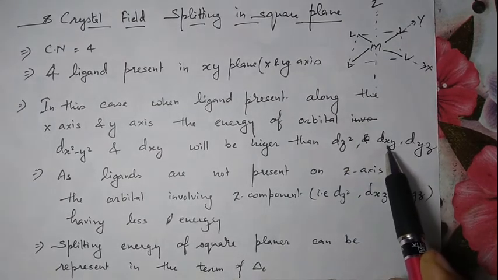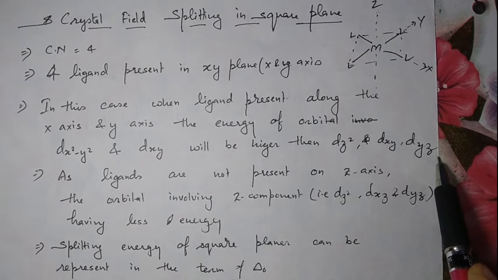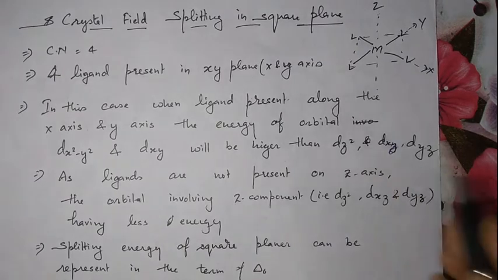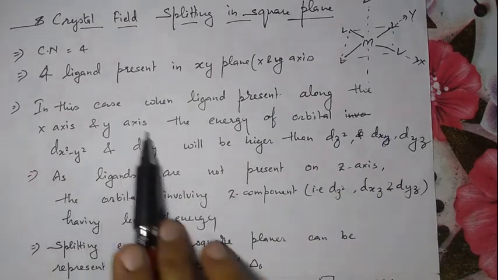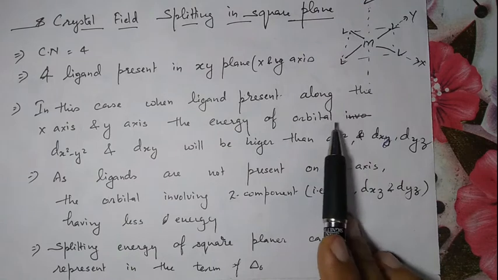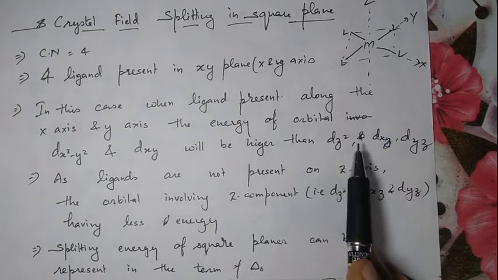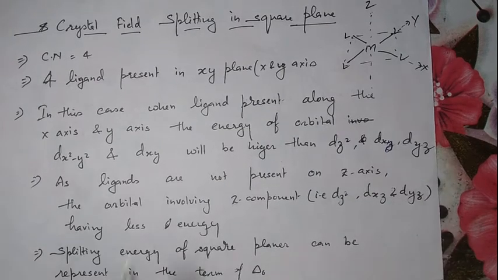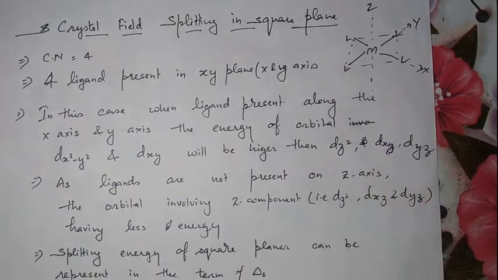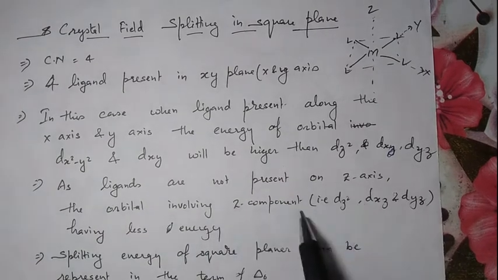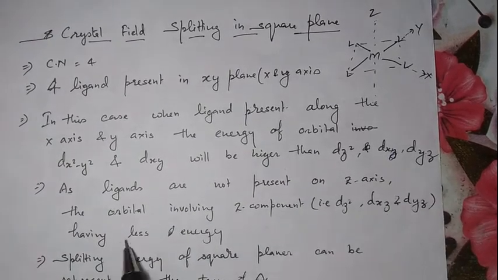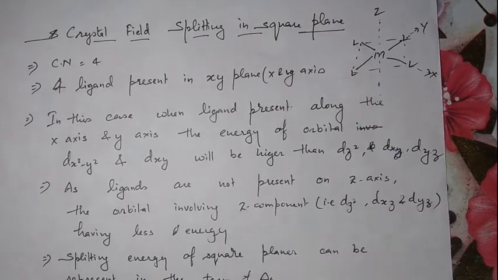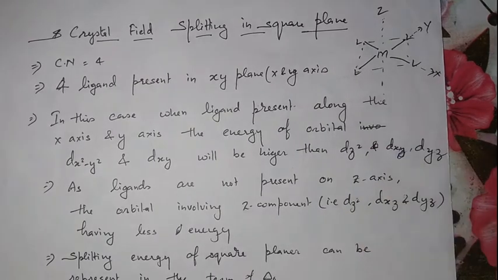Okay, these xy, xz and yz orbitals have higher energy than the orbital involving the z component. As ligands are not present on the z-axis, the orbitals involving the z component have less energy, because the lobes of these orbitals will be away from the ligands.